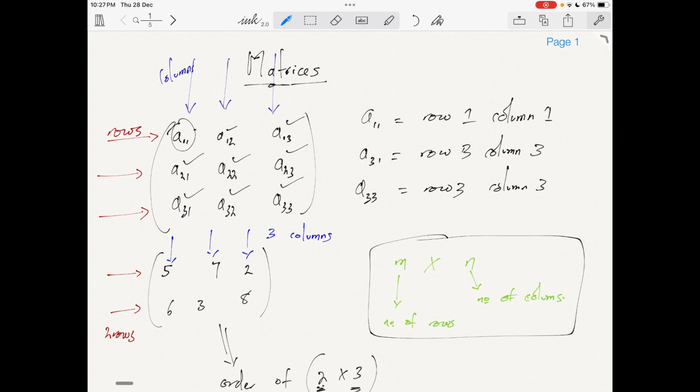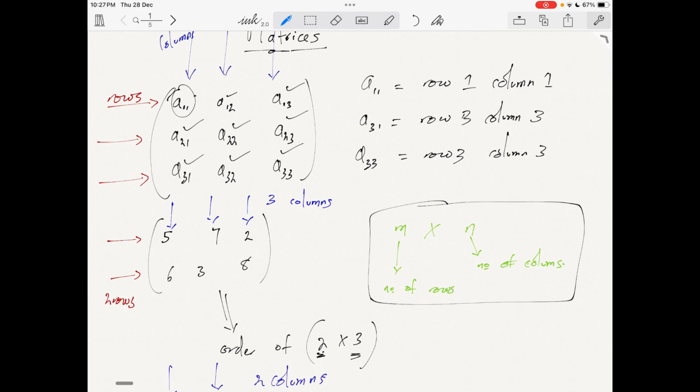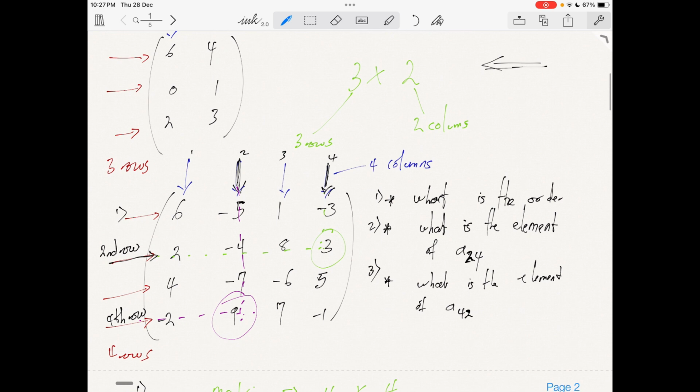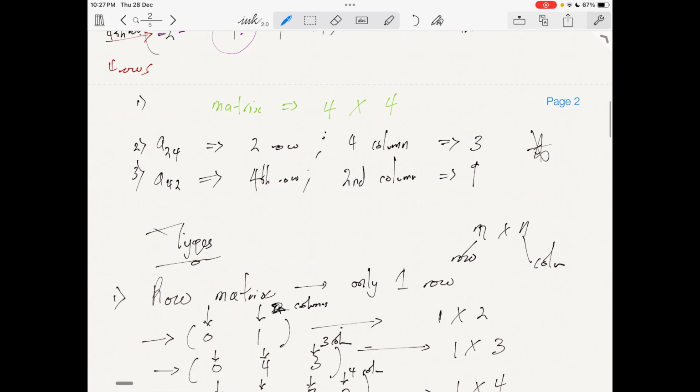This is often known as the double suffix notation of a matrix. With that, you can find a particular element given a row number and a column number, which is what we did here.